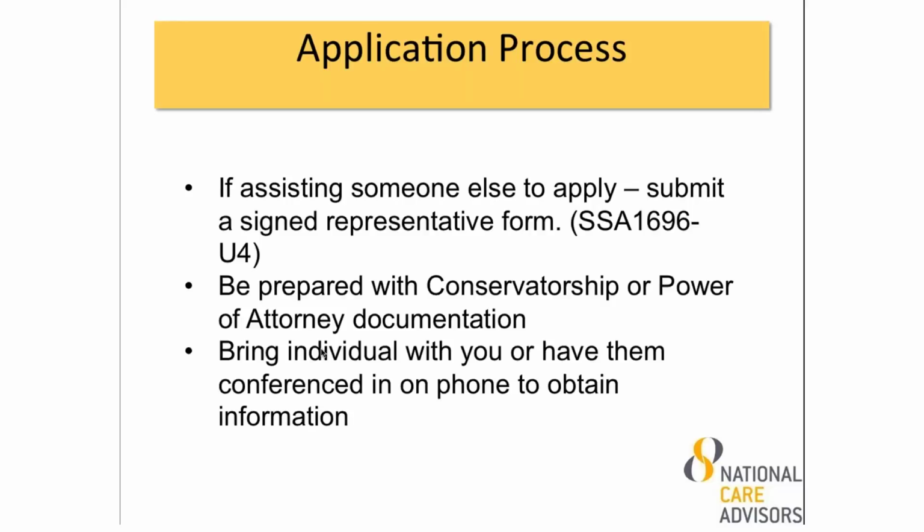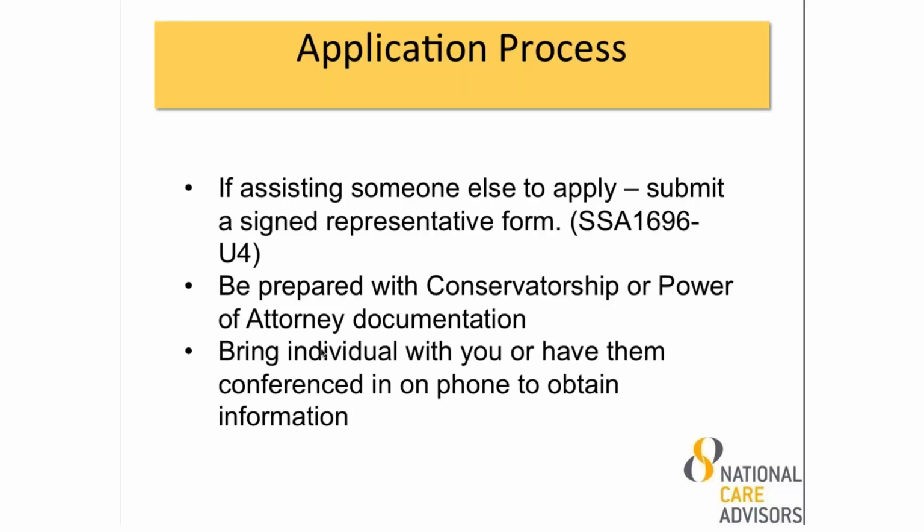Once either the individual you're helping or their guardian or conservator has signed that form, then you'll be allowed to talk to the Social Security folks and the case managers and the intake individuals freely once you have that form on file. If you don't have that form on file and the individual you're trying to help is over age 18, our experience is that they're not going to talk to you at all. They're also not going to allow you to be involved in the application process or the interview process.